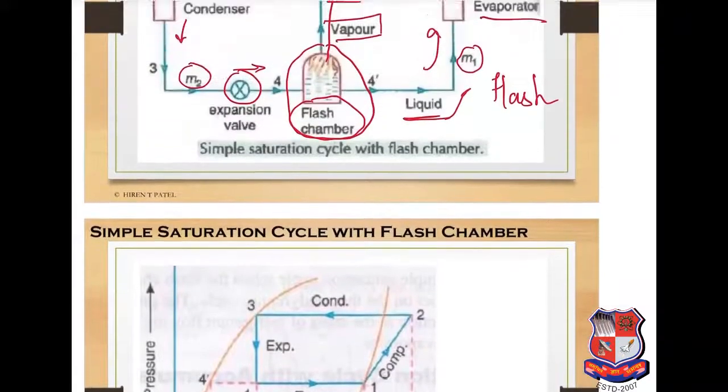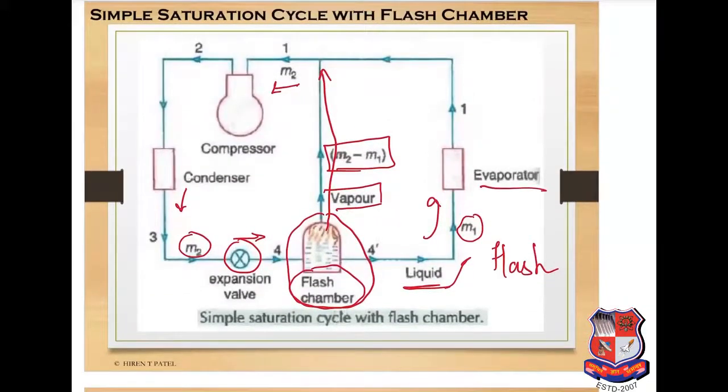Here we can see that at point 4, mass m2 is entering the flash chamber, mass m1 is leaving the flash chamber and is transferred to the evaporator, and m2 minus m1, that is the mass of flash, is transferred to the compressor.